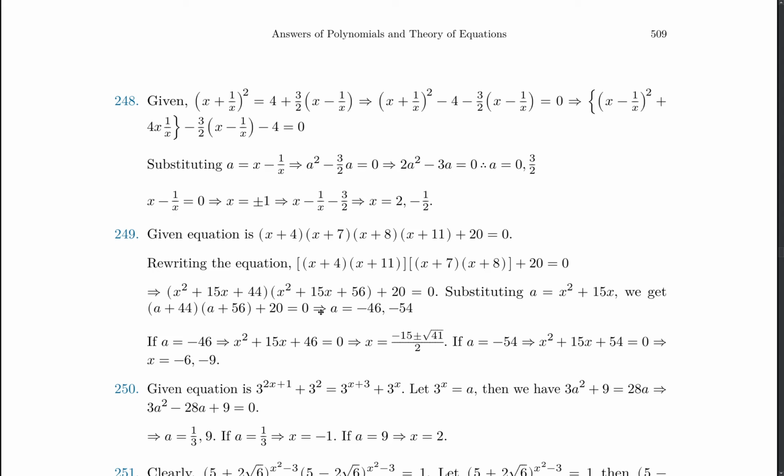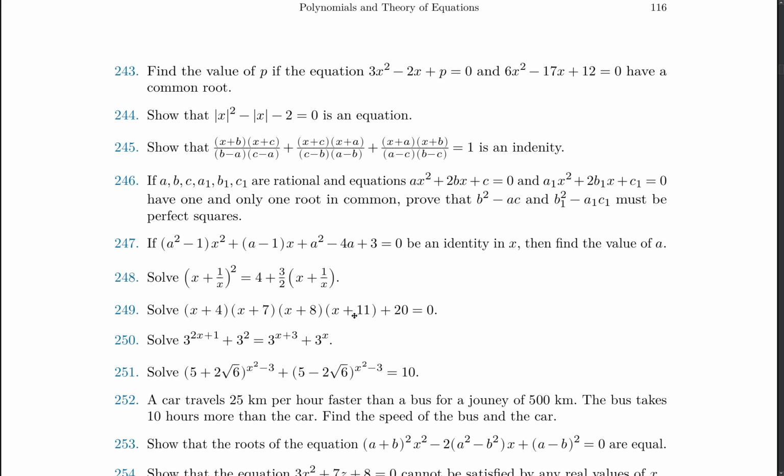We solve this quadratic equation, we get a is equal to minus 46 and minus 54. We plug in the value of a in this equation, we get x square plus 15x plus 46 is equal to 0, and we have two irrational roots for this. And similarly for a is equal to minus 54, we get two rational roots, or rather real numbers, or integers in fact, minus 6 and minus 9.